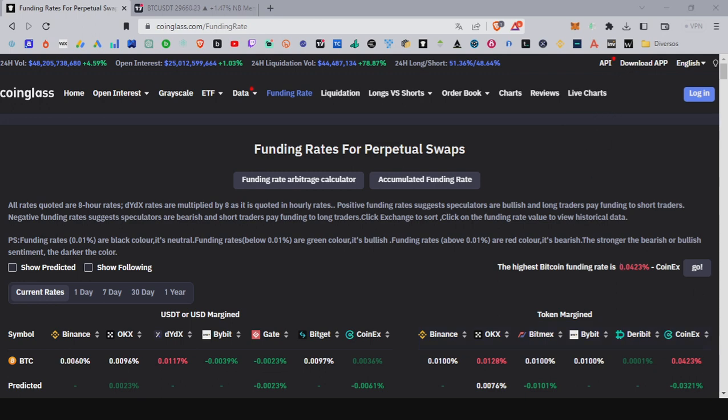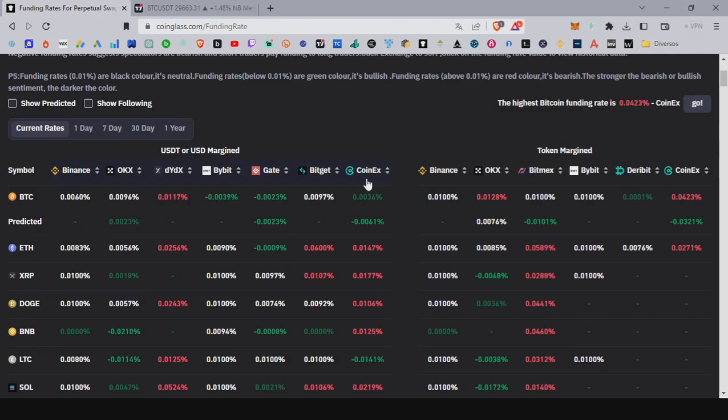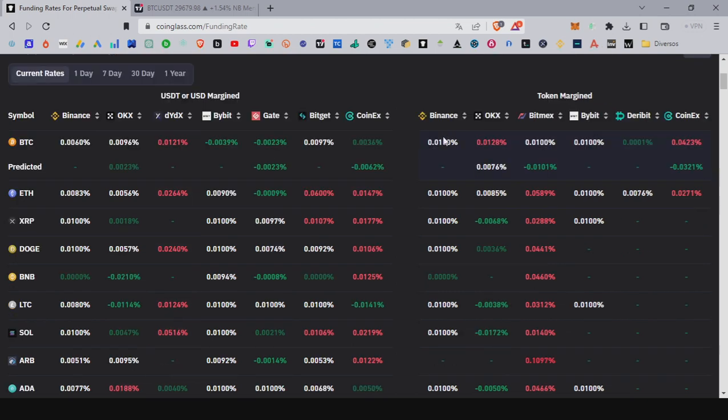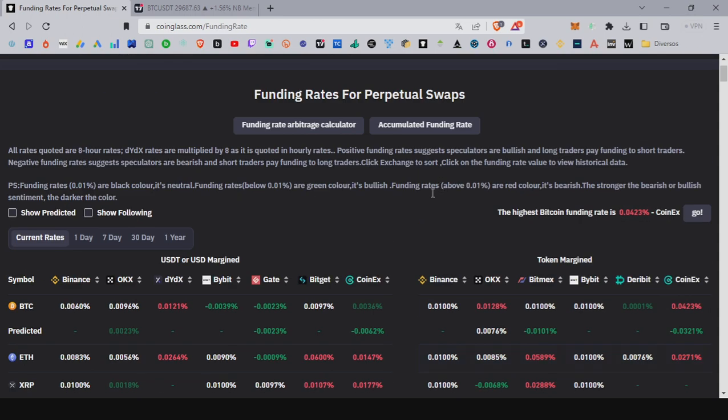You have what I call the funding rate matrix, and for now we are gonna focus only on USDT or USD margins, not token margin. There's a very small sentence here that shows us a lot. This is important: all rates are quoted into 8-hour rates. Why? Most of the exchanges are charging or paying funding rates every 8 hours, 3 times a day.